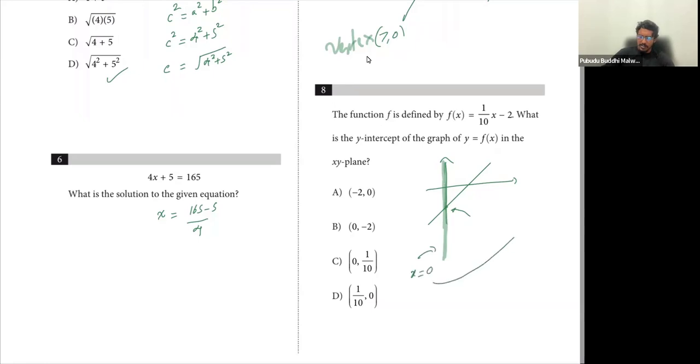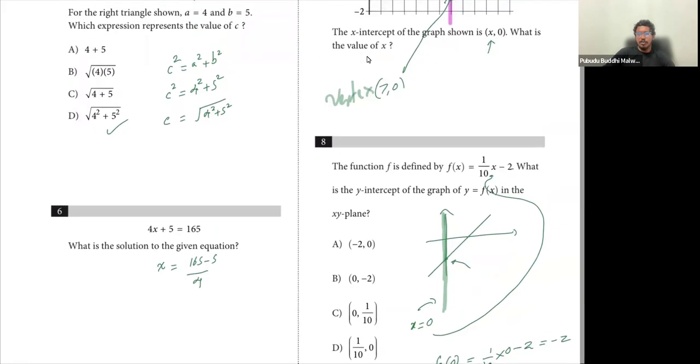So substitute x equals 0 here, then compute. So basically f of 0, that's -2. That's the y-intercept. Or create mx plus b form.